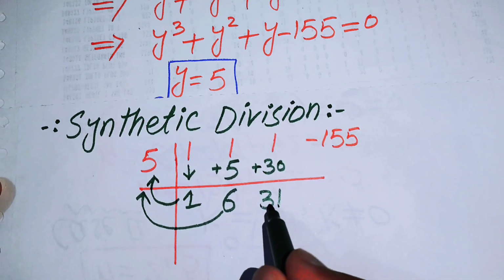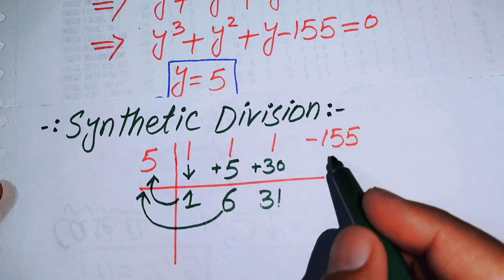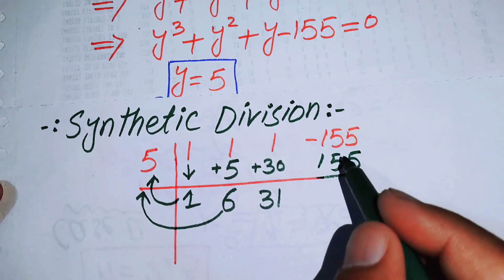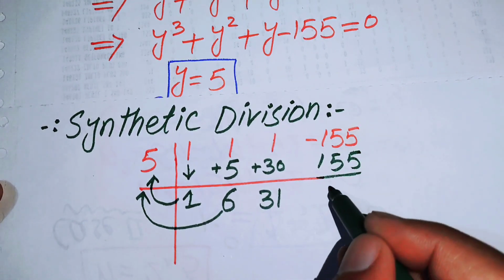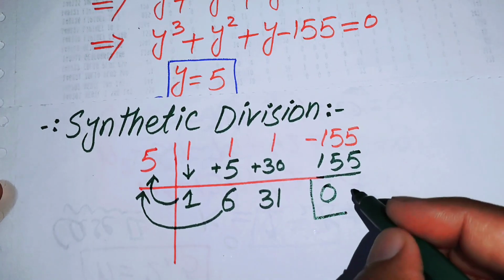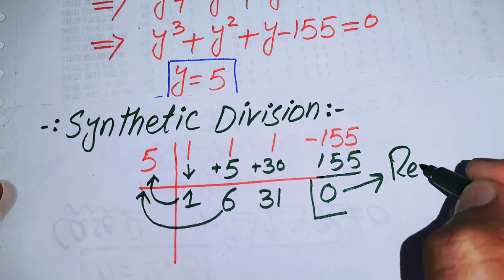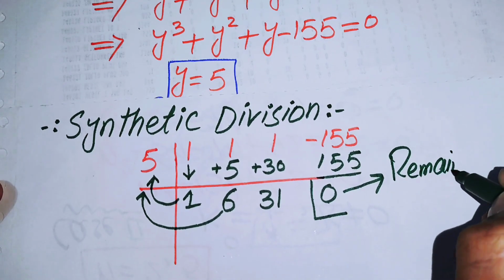Similarly, now you again multiply this 31 by 5 and you will get 155, and now when you add these two terms, you will get 0. So this term is called the remainder of this equation.